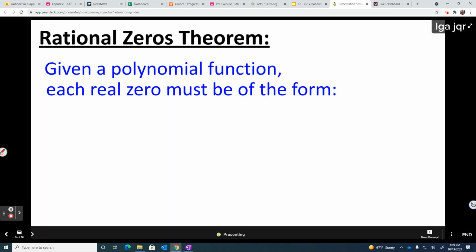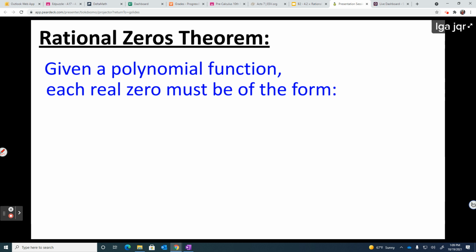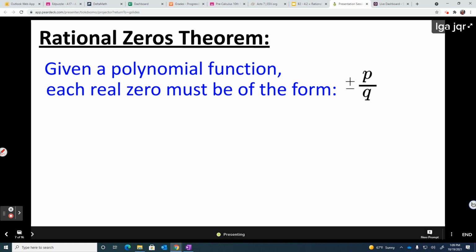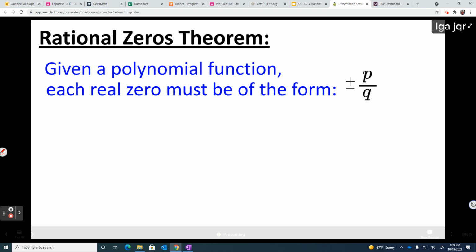Each real zero must be of the form plus and minus p over q. This is the form that our zeros have to be. Obviously, we don't know what p and q are yet, but all of our zeros are going to be in this fraction form.